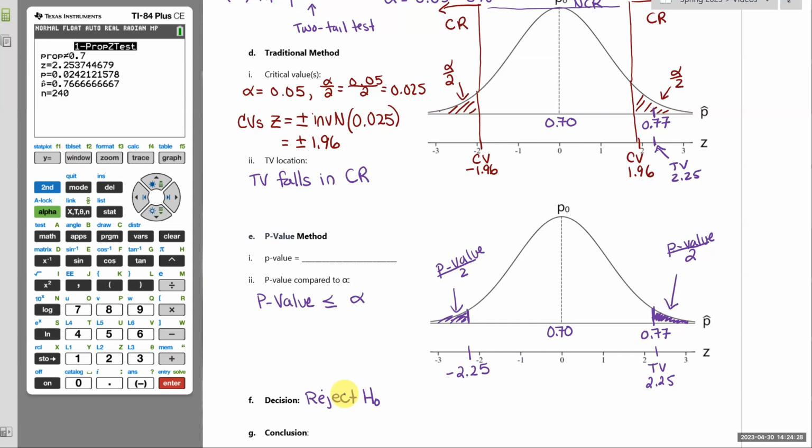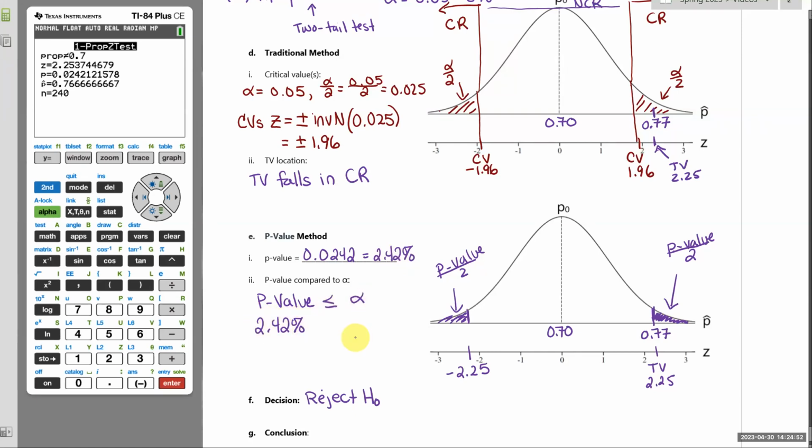And we'll confirm our p-value is smaller than our alpha numerically by checking out the calculator. So the p-value is 0.0242 or 2.42%. So those two areas together are 2.42%.